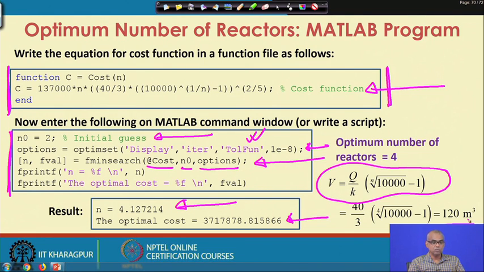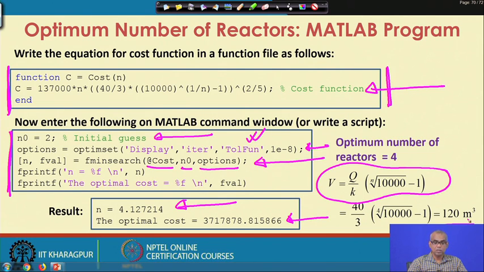So, this is how we could solve the unconstrained minimization problem associated with the cost minimization of a CSTR train. So, this number of CSTRs connected in series is known as a reactor train.